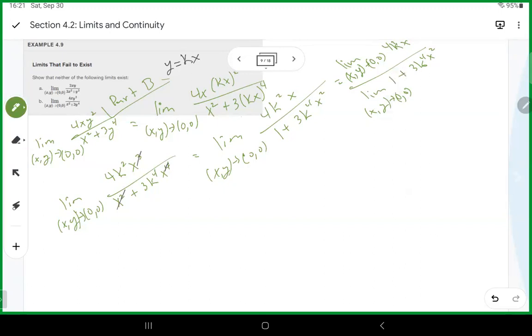That's just 1, so it's going to give you a limit of 0. Regardless of the value of k, it would seem that the limit is equal to 0.